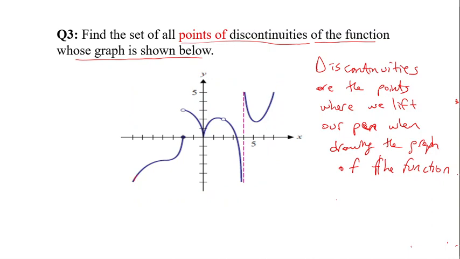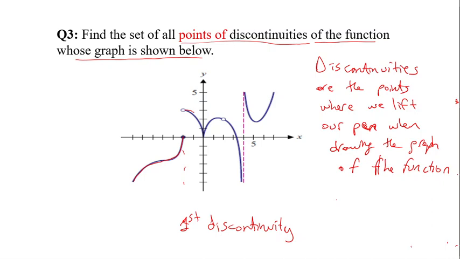We will start here and put our pen on the graph, and then we go here. So this is the first lift. We lifted our pencil, so this makes the first discontinuity.